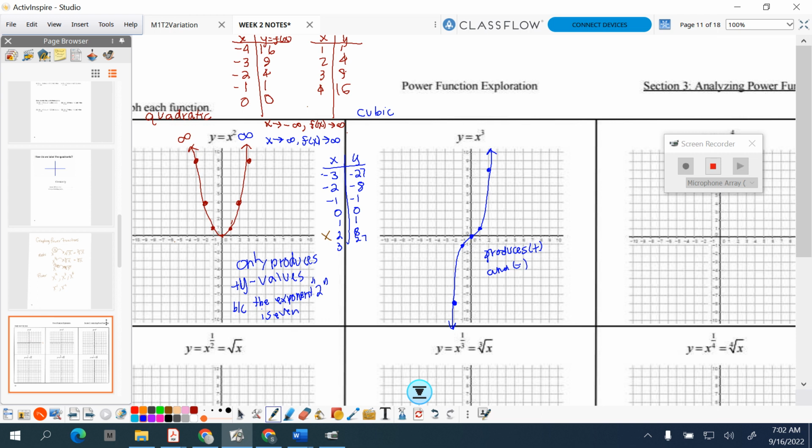So right here, this equation only produces, oh, should I put only? No, because they're positive and negative. So it produces both positive and negative y values. I'm taking the time to say that because it's relatively important.